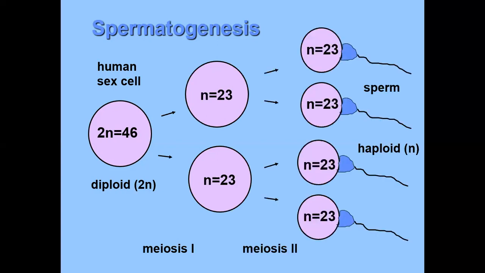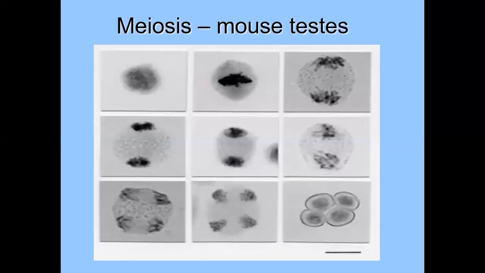Then meiosis 2 takes place, and from each cell two further cells are produced. From a single parent cell, four haploid cells are produced with half the number of chromosomes. As you can see here, there are 46 chromosomes, and the daughter cells contain 23 chromosomes. It means a reduction division takes place here.